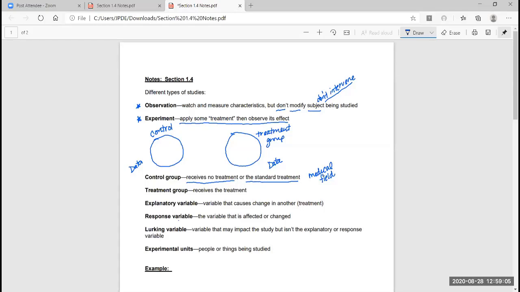And you could think of this as your clinical trials. It's a common situation you've heard of, I'm sure. Okay. So the treatment group obviously gets the treatment. You're going to be comparing these two groups to try to see if there's a difference. Is the treatment successful? Is the treatment working?